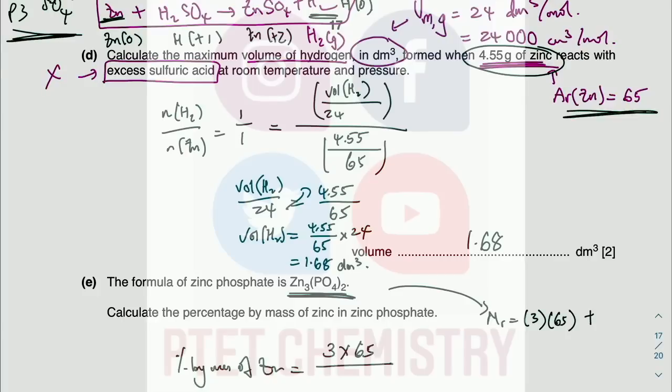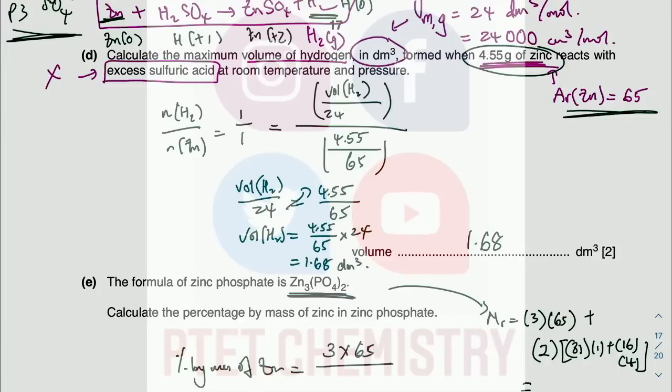You have 3 zinc, you have 2 of the phosphate. Each phosphorus is 31. Each oxygen is 16. Okay, so put everything in and you are going to get 31 plus 16. There you go. You see, I made a mistake already. 16 times 4. There are 4 oxygen there. Okay, so 31 plus 16 times 4 times 2 plus 65 times 3.